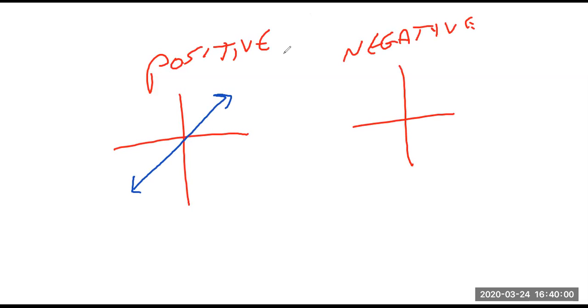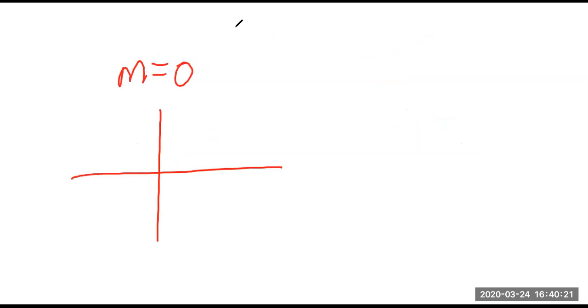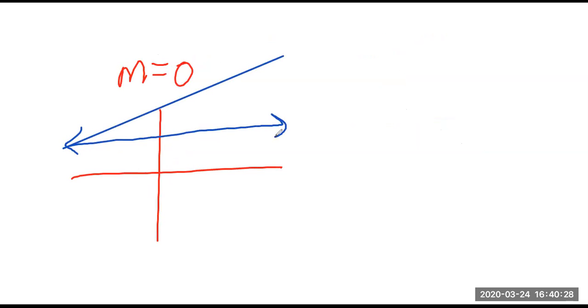Your line will go downhill. For the 0 and the undefined, here's what they'll look like. For a slope equals 0, what you have is called a horizontal line. Looks like this, horizontal. Horizontal line.